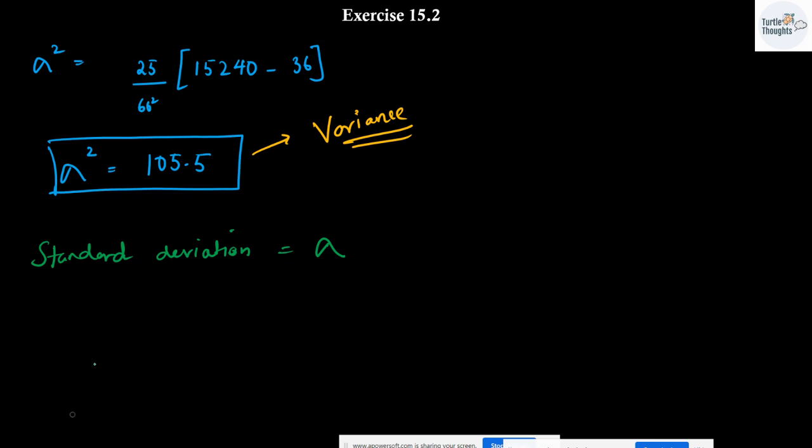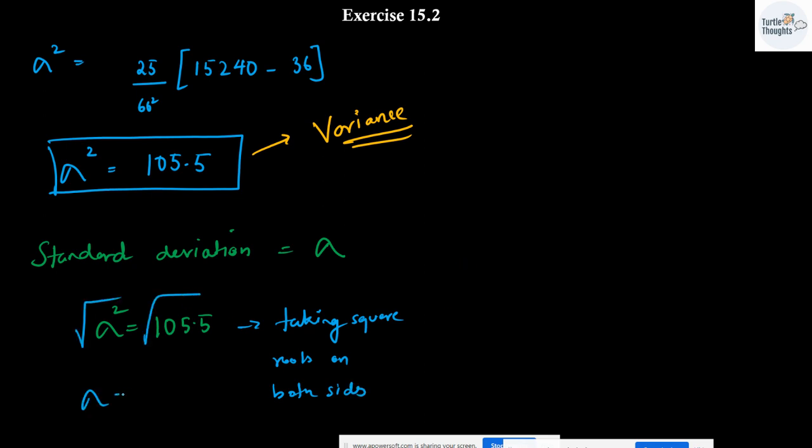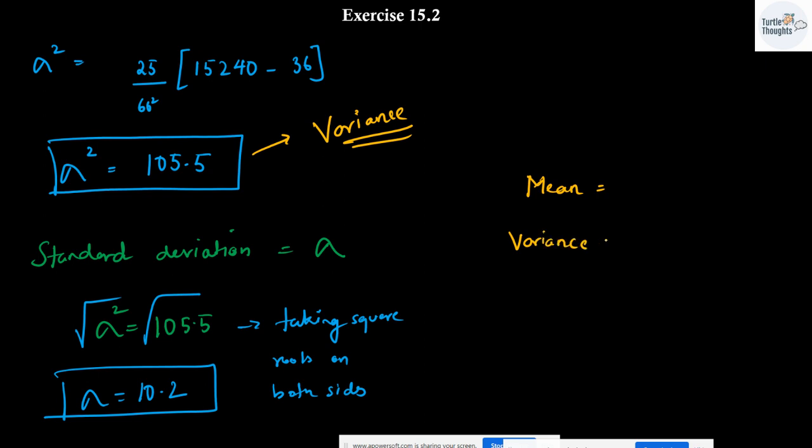Standard deviation sigma is going to be equal to, if sigma square is equal to 105.5, taking square roots on both sides, I will be getting the value of standard deviation as 10.2. So let me write down the value of mean. Let me write down the value of variance and also the standard deviation.